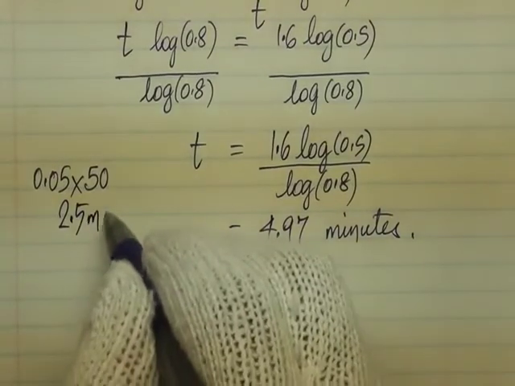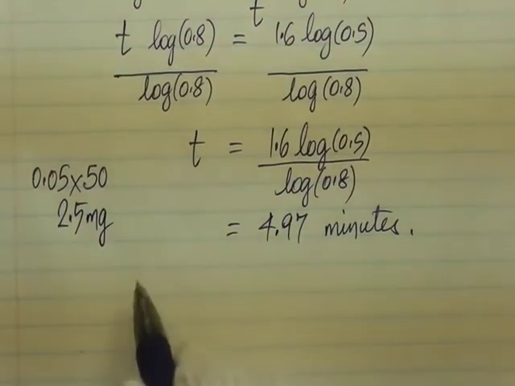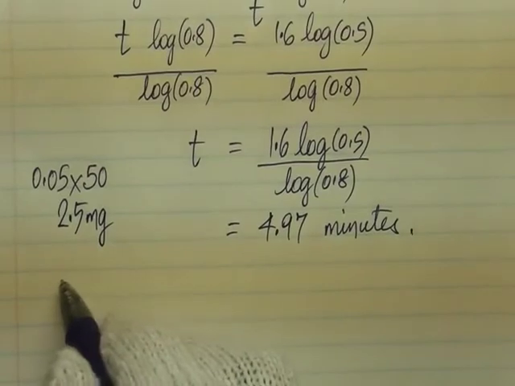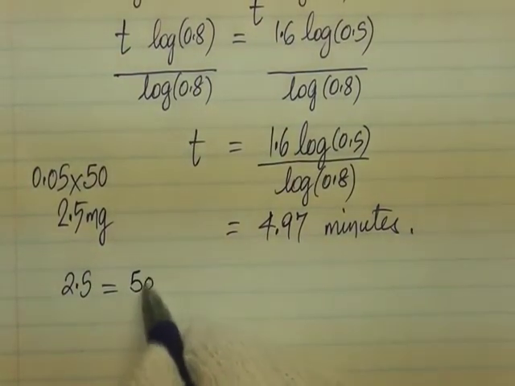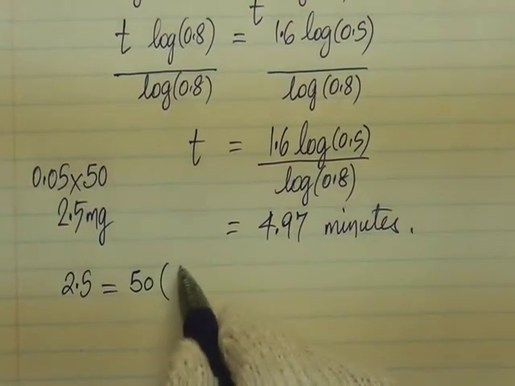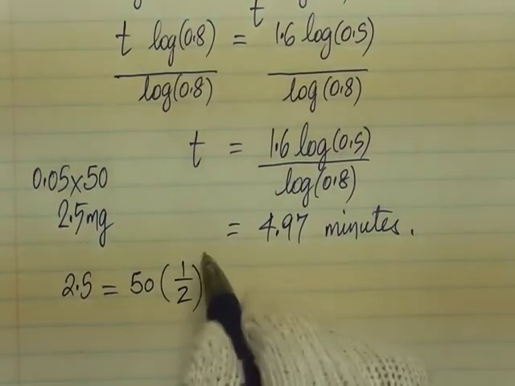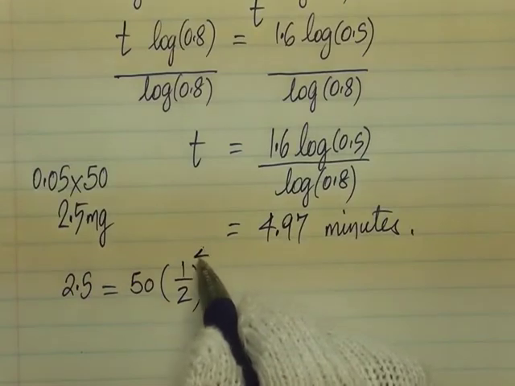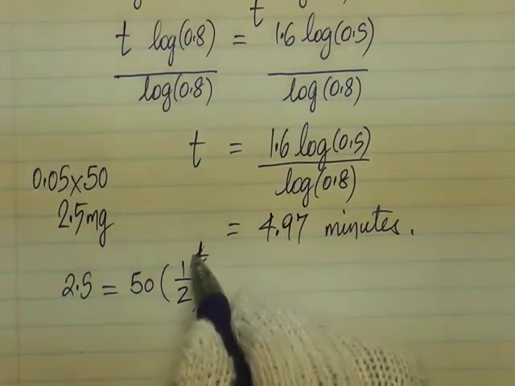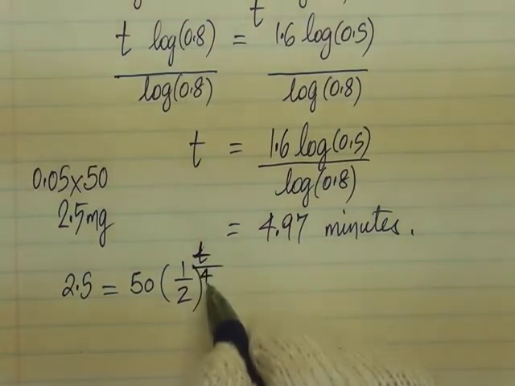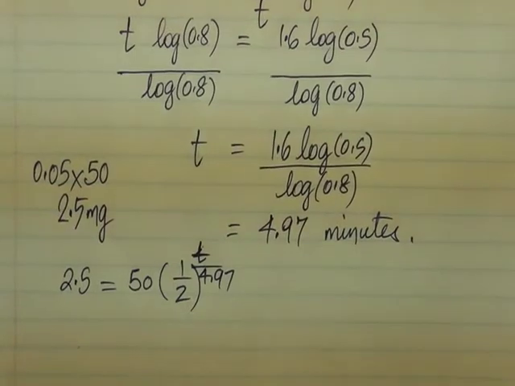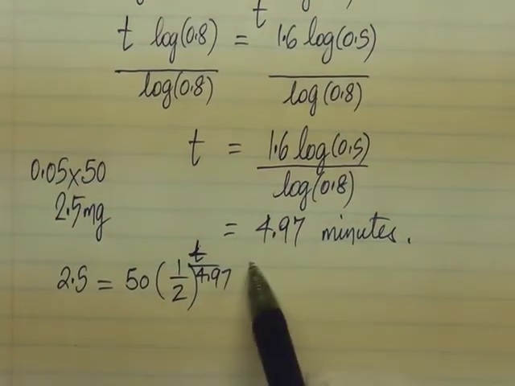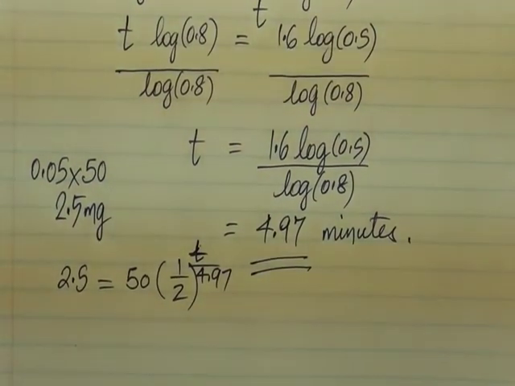Sorry, milligrams. So what happens to our relationship is 2.5 equals 50 times 1/2 to the exponent t over 4.97. That's not very clear, so I'm just going to rewrite that whole business. So far that's what we have.